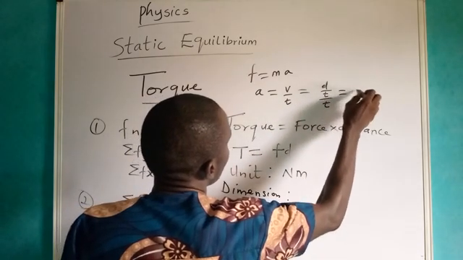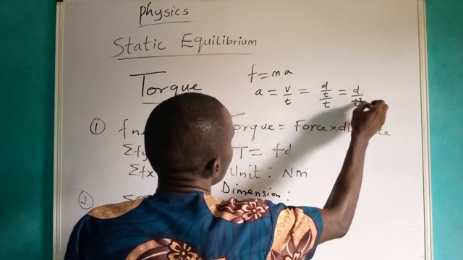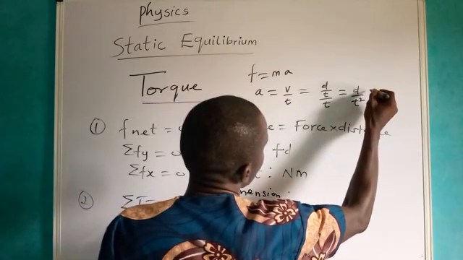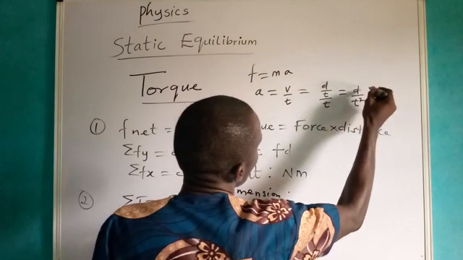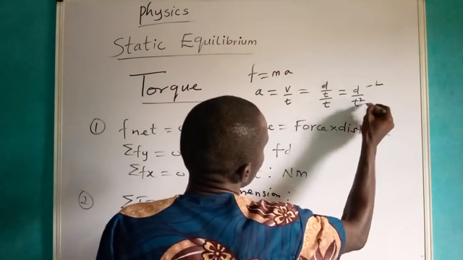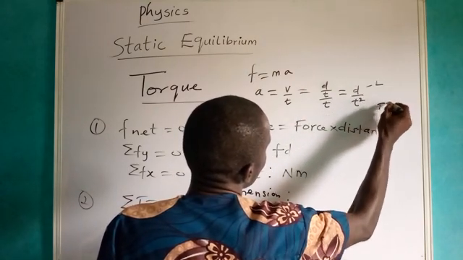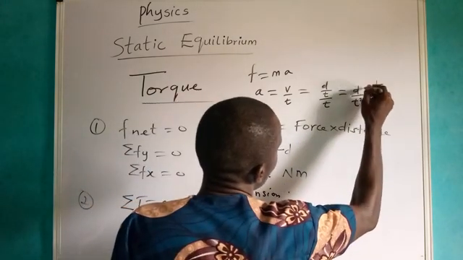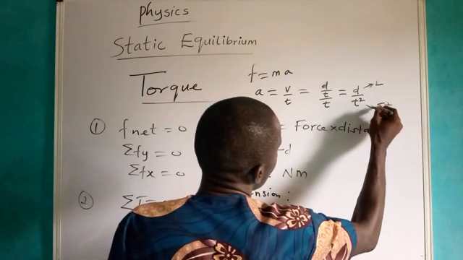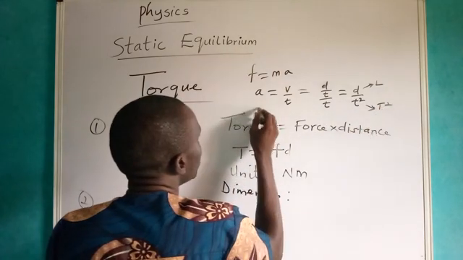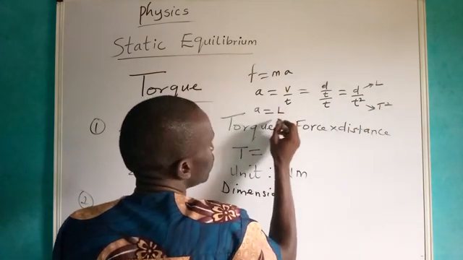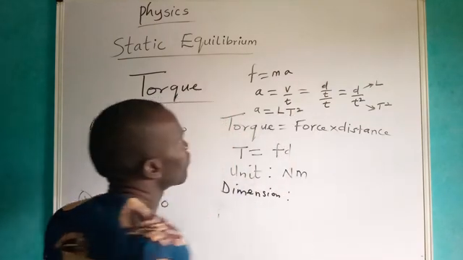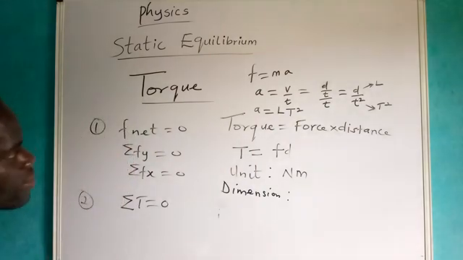It means that in this case I can say L over t squared. Therefore the dimension becomes L, while for time we use T, so the dimension becomes T squared. So for acceleration the dimension is L over T squared.